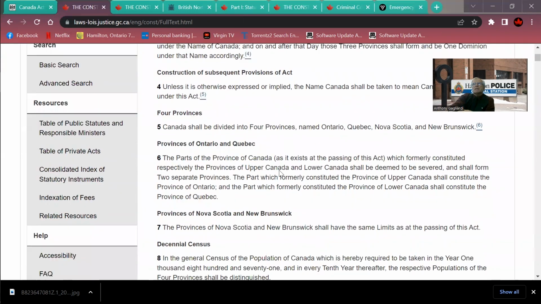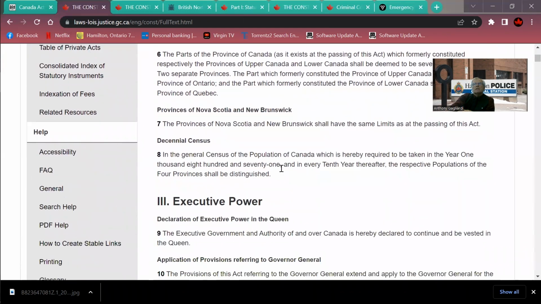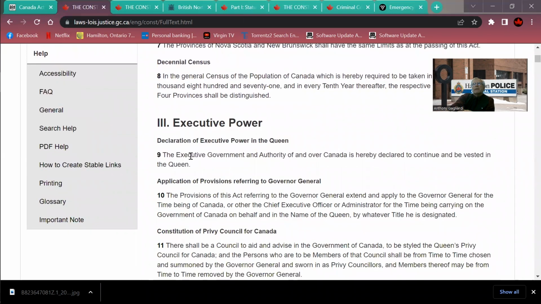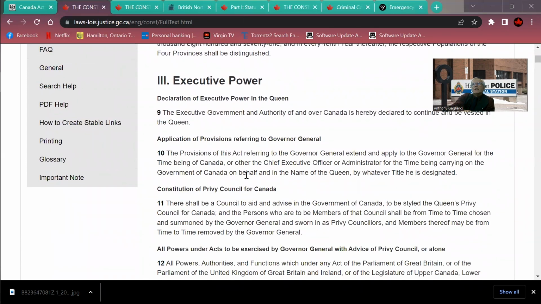Section 6, I won't touch, I'm just going to touch on the major parts here. Section 9, the executive government and authority of and over Canada is hereby declared to continue and be vested in the Queen. So this is all about the Queen. Section 10, basically it states that the Governor General will be serving for the Queen in Canada. So the Governor General of Canada is basically the Queen of Canada, or God of Canada.